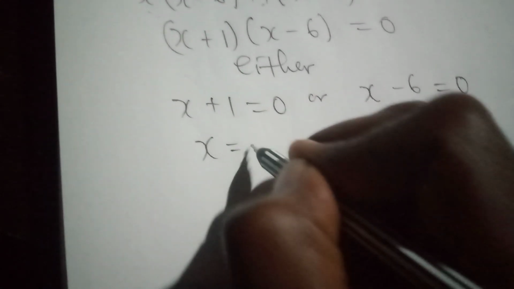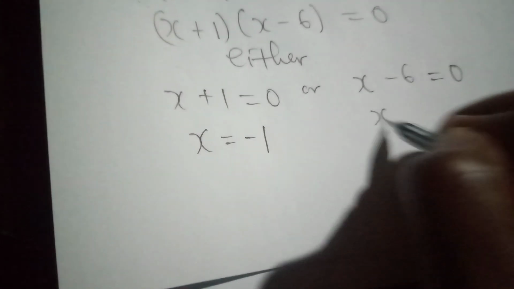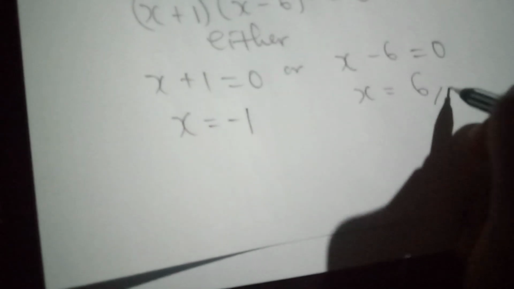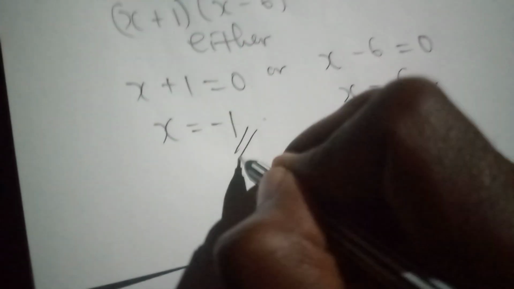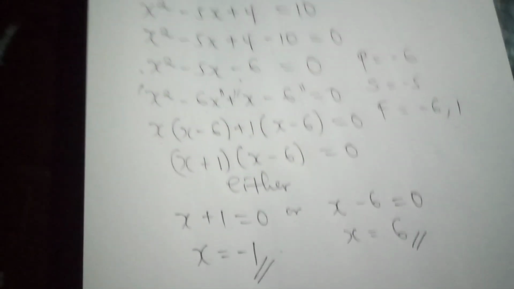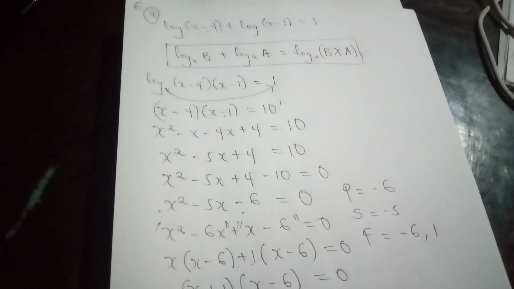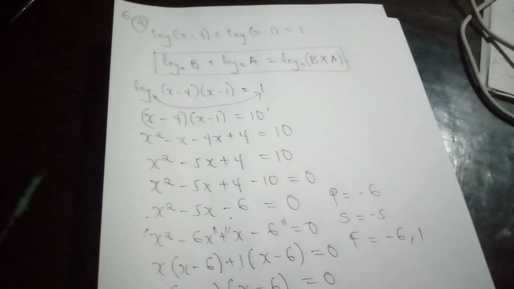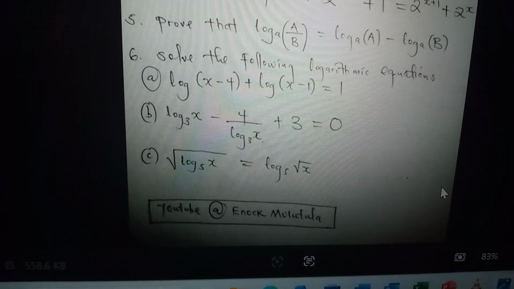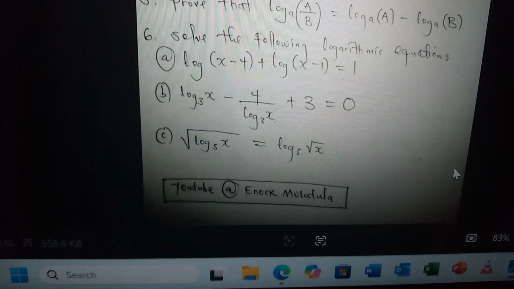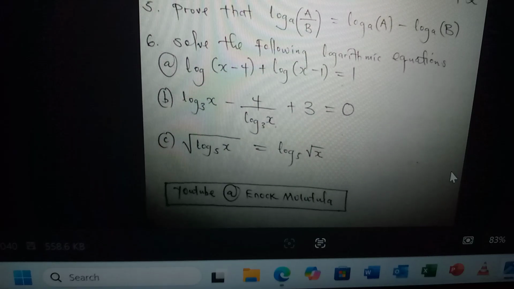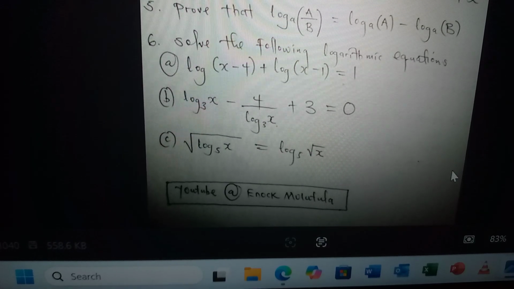So x is equals to negative 1, x is equals to positive 6. So these are the two solutions. That is how it was supposed to be. So we can proceed to the next one, that is b. We can also solve that one.